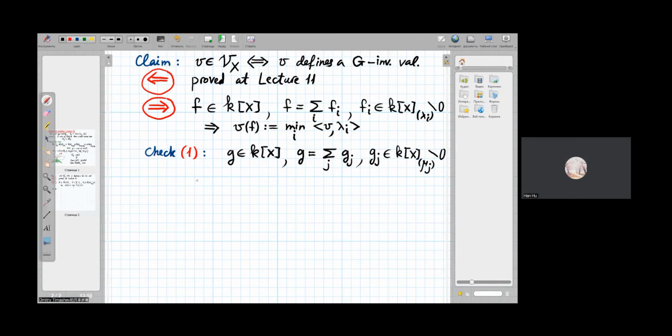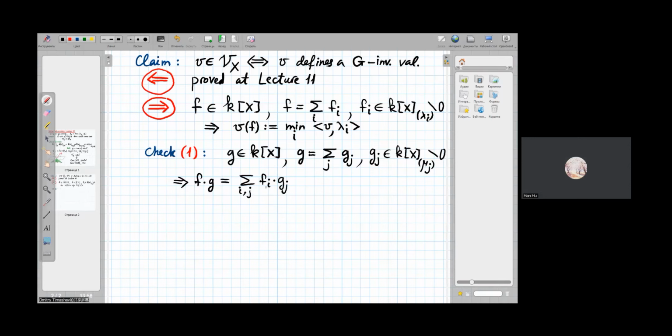And now we consider the product. We take the product of these two functions, which is, of course, just the sum over all i's and j's of the products f_i with g_j.